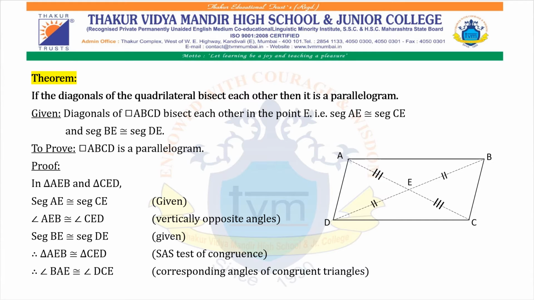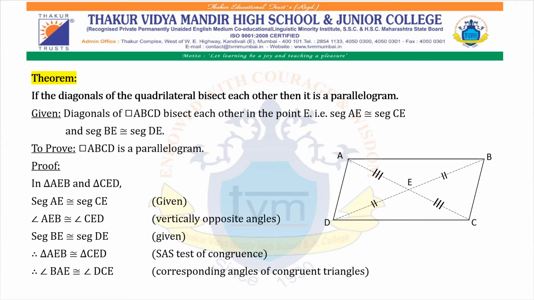Proof: in triangle AEB and triangle CED, seg AE is congruent to seg CE, given; angle AEB is congruent to angle CED, vertically opposite angles; seg BE is congruent to seg DE, given. Therefore, triangle AEB is congruent to triangle CED, SAS test of congruence.